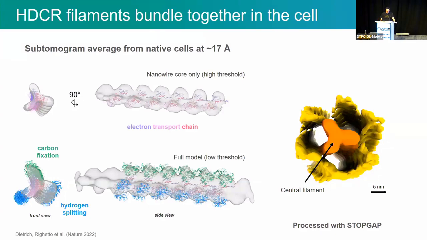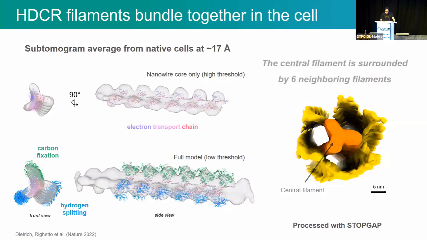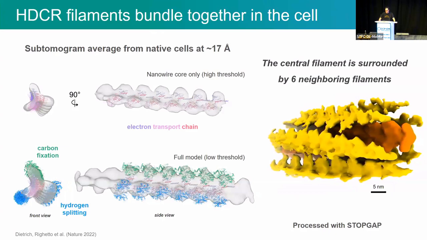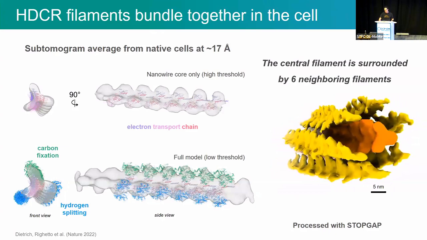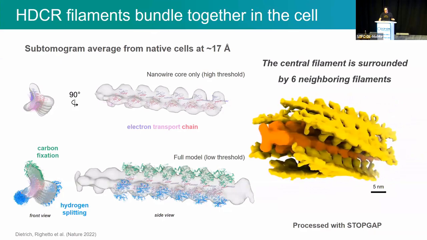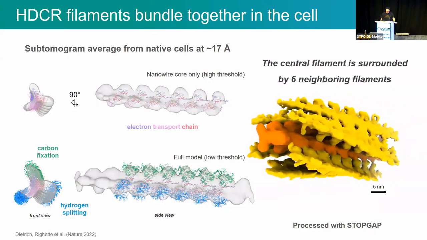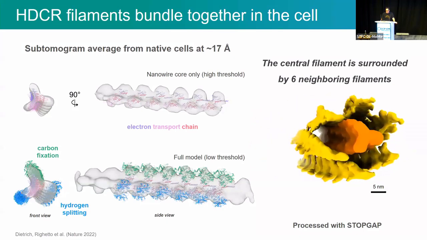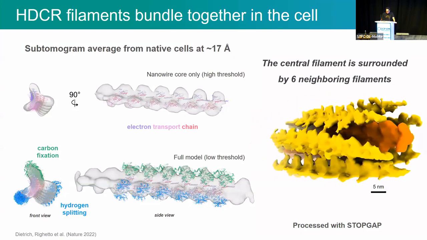But what was most interesting here was to see that the nanowires are not alone. They are surrounded by neighboring filaments. So I always got in my averages this bundle of filaments. And this was very intriguing to us because we did not know that there was any sort of a lateral bundling in HDCR.